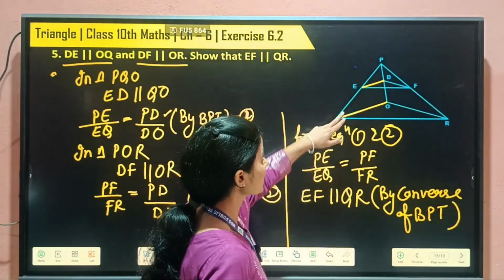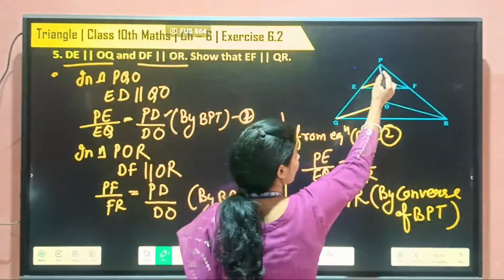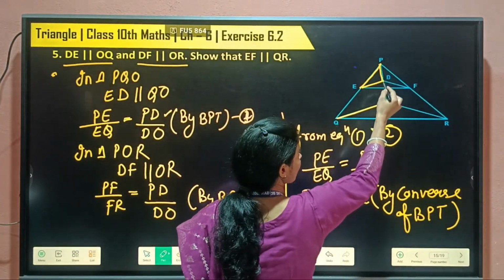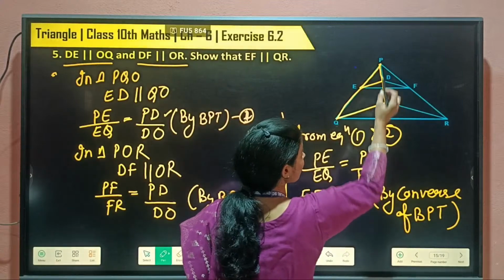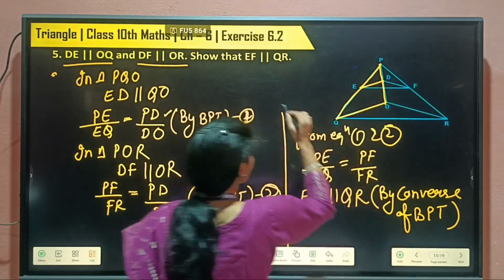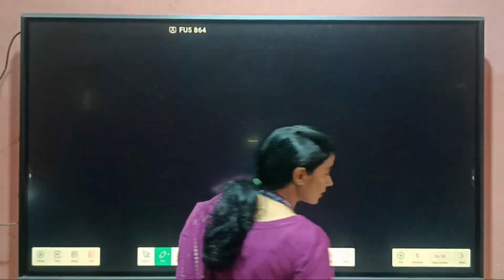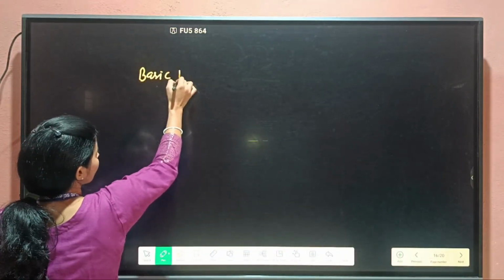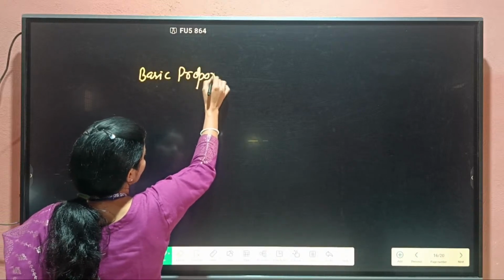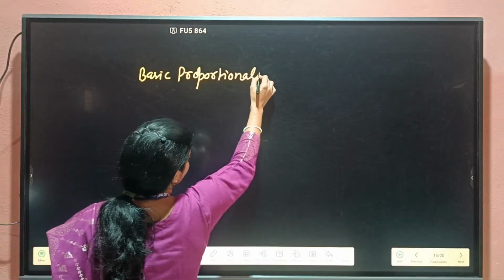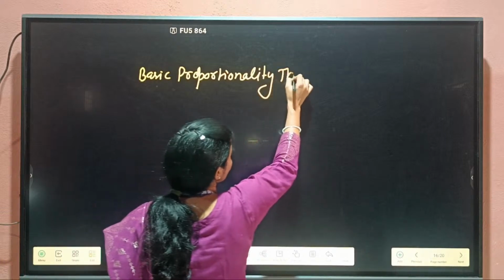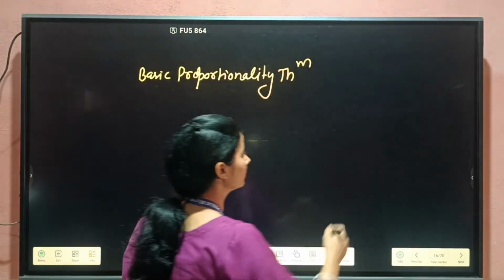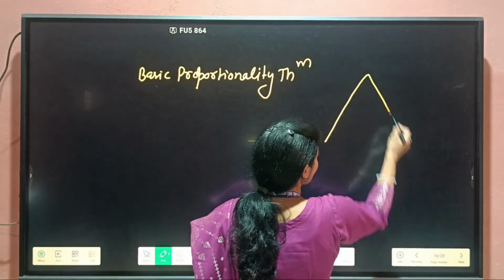And if these lines are parallel, then the other two sides will be divided in the same ratio. Again I want to tell you what the basic proportionality theorem is. This is triangle ABC.